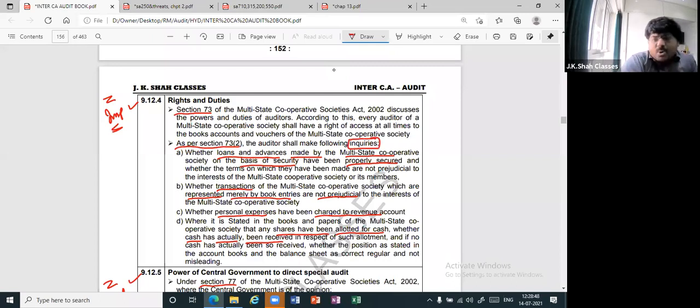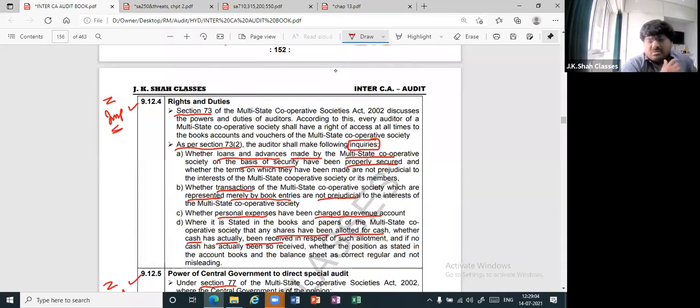First, whether the loans and advances given by the multi-state cooperative society have been properly secured or not. Whether the transactions represented by mere book entries are prejudicial or not. Whether the personal expenses have been charged to revenue or not. Whether the shares have been allotted for cash or not. What is this? Correct. Can I say it is LOVE TO DIL SE?